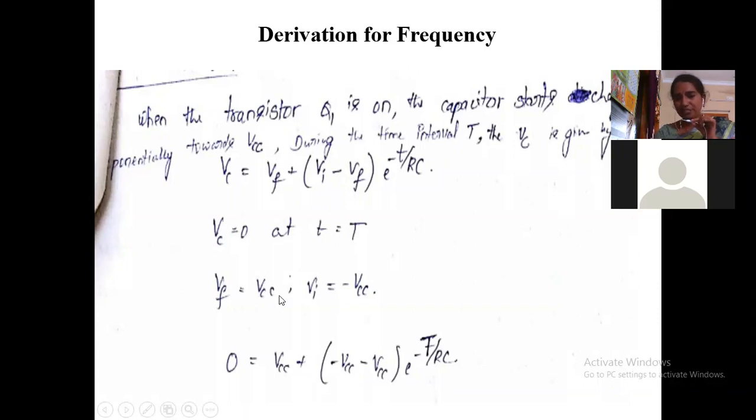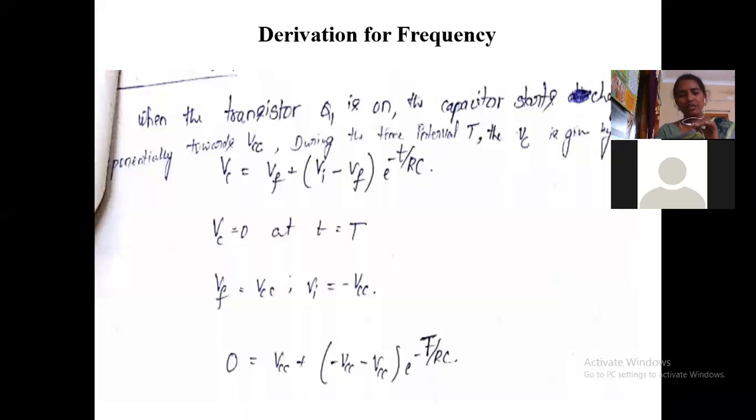The voltage across the capacitor at t equal to T is 0. So VC equals 0 equals V final, which is VCC, plus initial value minus VCC minus V final VCC, into e power minus t by RC, at t equal to T. We are calculating at t equal to T. So substituting t equal to T, e power minus T by RC.